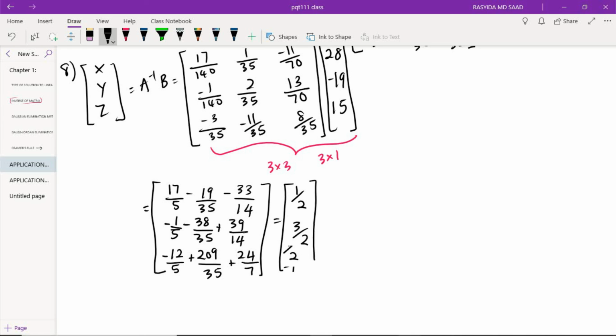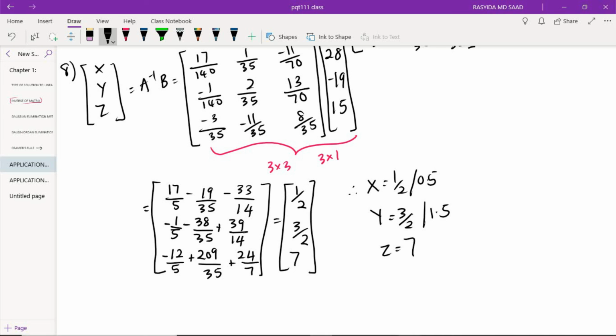So this is the final answer for this question, which you can change into decimal places, it's also okay. Therefore, x is equal to 1 over 2 or 0.5, y is equal to 3 over 2 or 1.5, and z is equal to 7. Then we finish for this one.